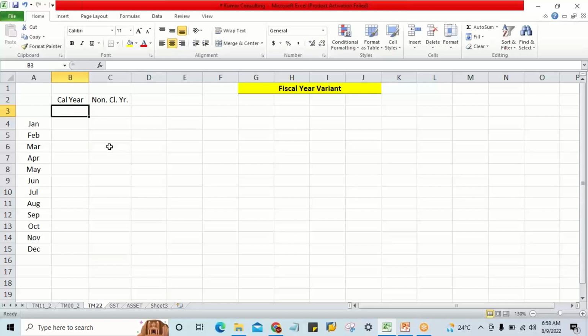Calendar year means we all know that Jan to December, right? Okay. So when we are going to follow this Jan to December, then January is the first period, second, third. So here there is no problem.